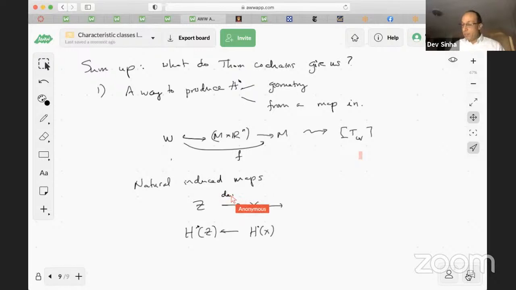So this side is detect, whereas here I would produce cohomology.